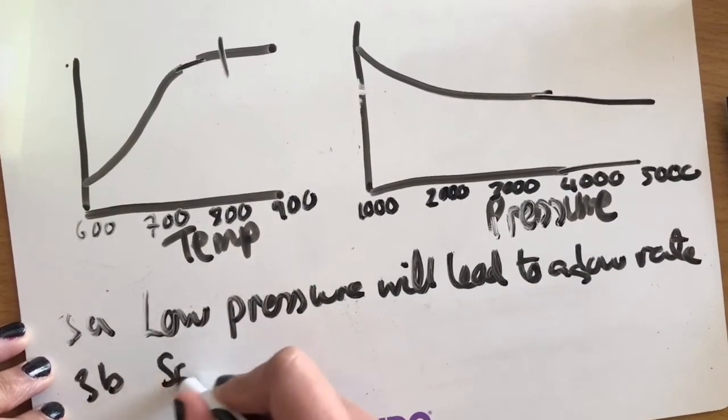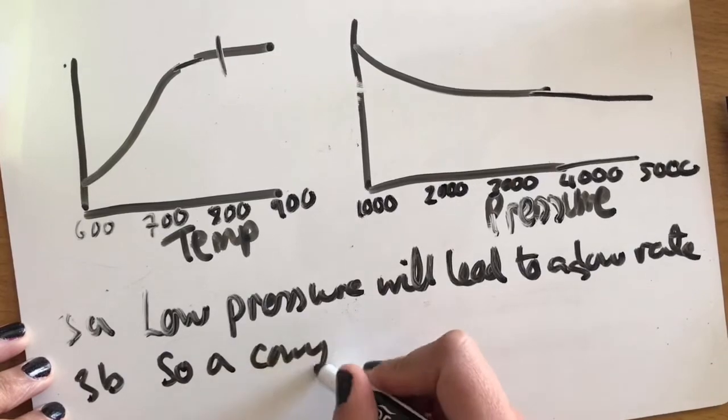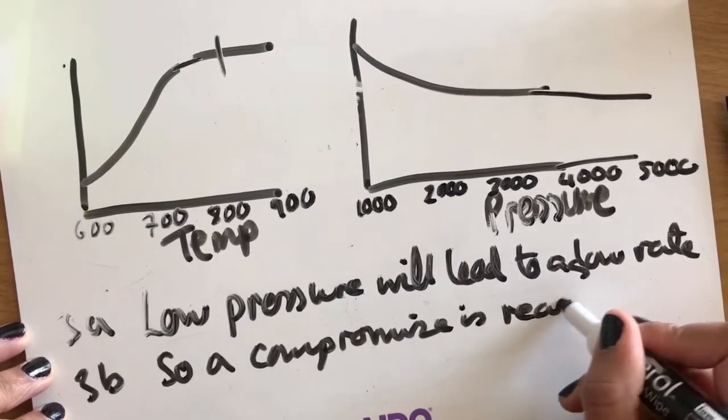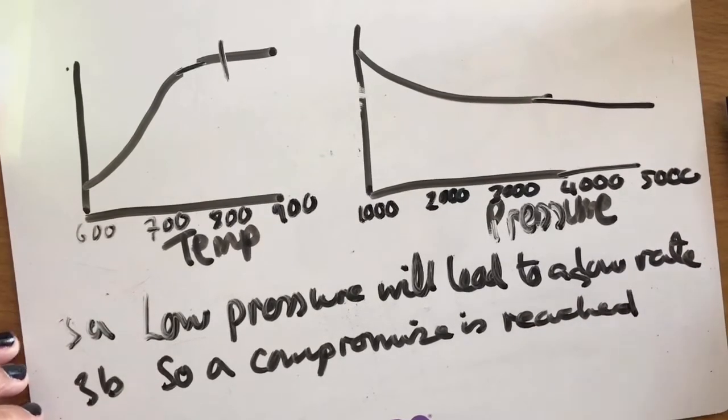3B, so a compromise is reached. And generally, when we look at the pressure, the percentage conversion decreases. So there's no point using a high pressure of above 3000.